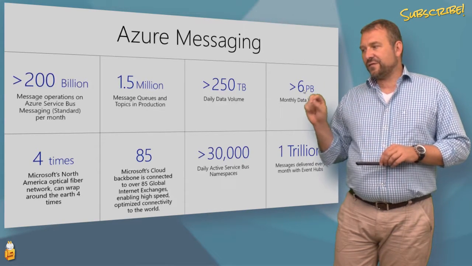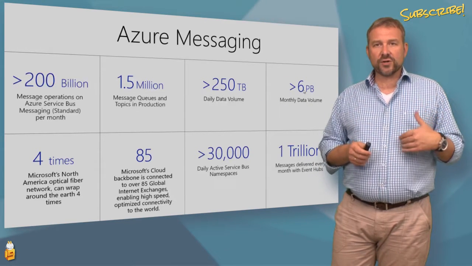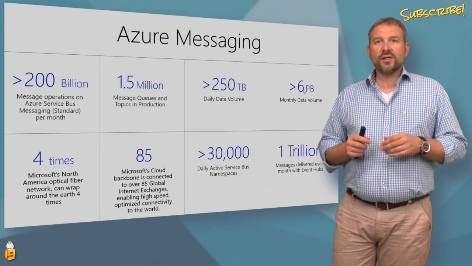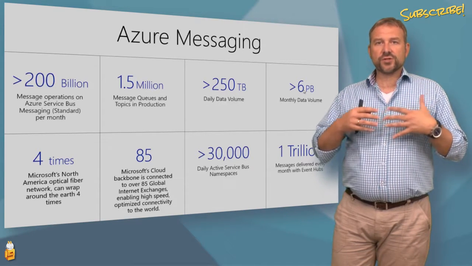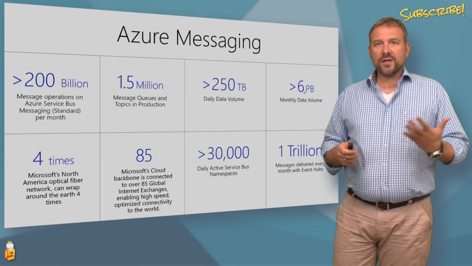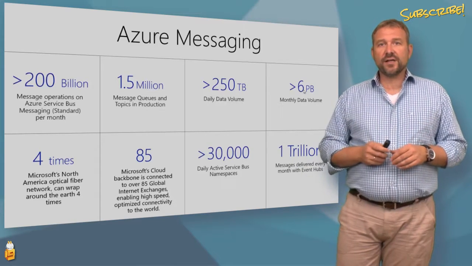We have 85 global internet exchanges where we effectively take over the traffic directly onto Microsoft Fiber, onto the Microsoft network, which means that if you're building globally distributed applications, your Service Bus solutions are going to benefit from running over our dedicated network as soon as we can take that traffic from you.